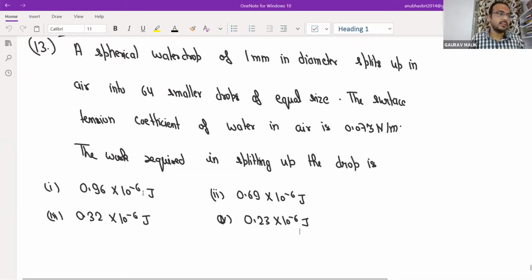How many of you solved it? Please tell me the answer of this question. What will be the answer? Tell me.